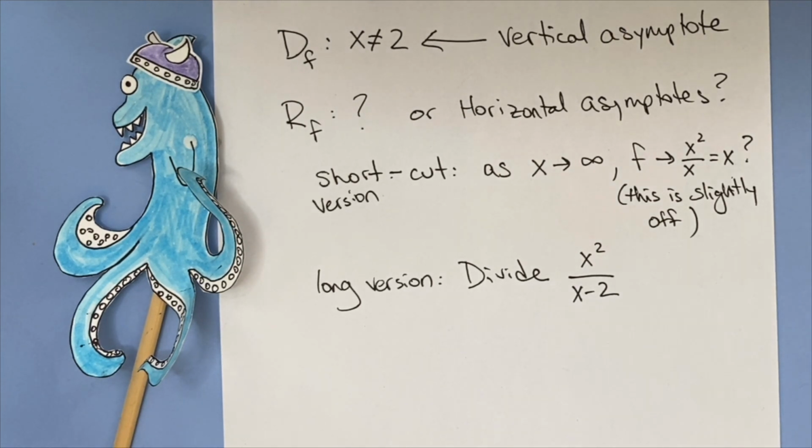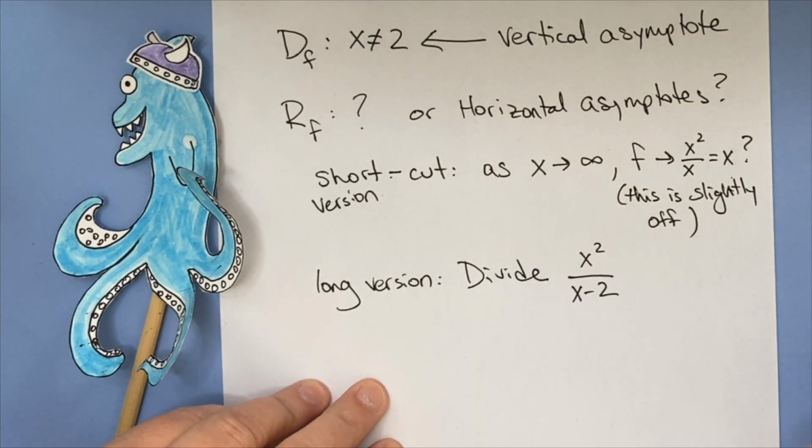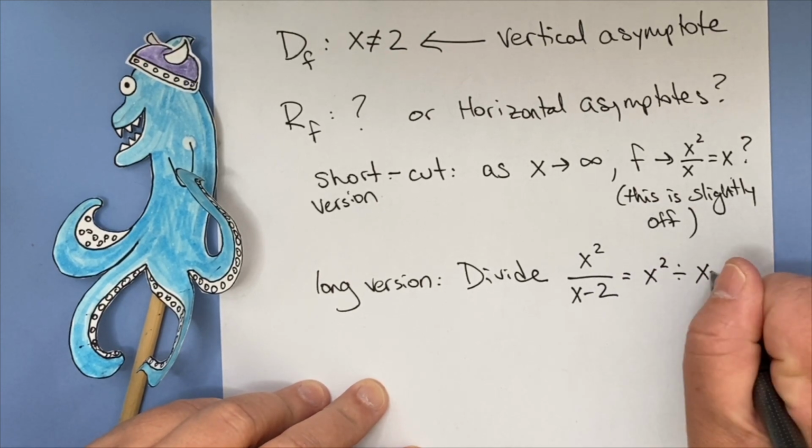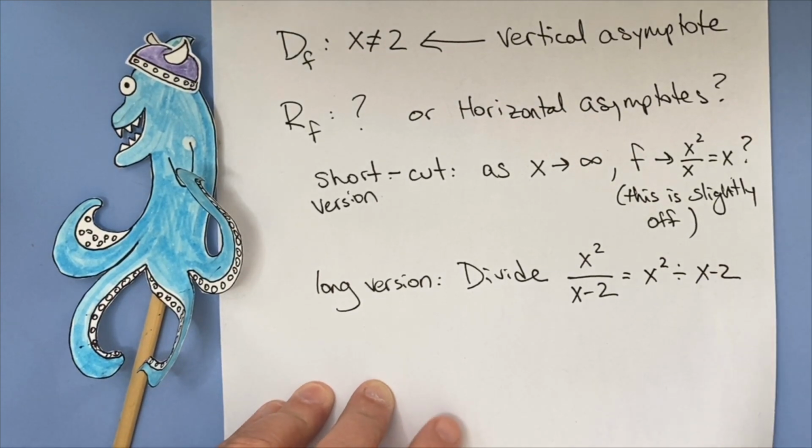So this division you can do with long division, or let's use synthetic division, right? So I want to do x squared divided by x minus 2.